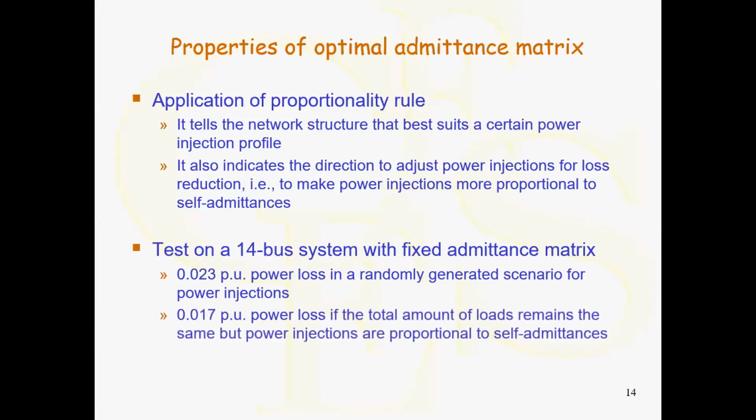Then if we keep the total amount of loads unchanged and adjust the power injections to make them proportional to the self-admittances, the power loss is decreased to 0.017 per unit, which is significant.